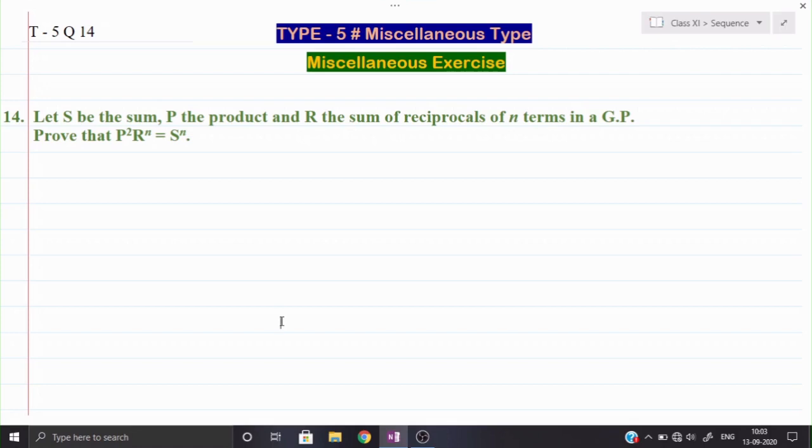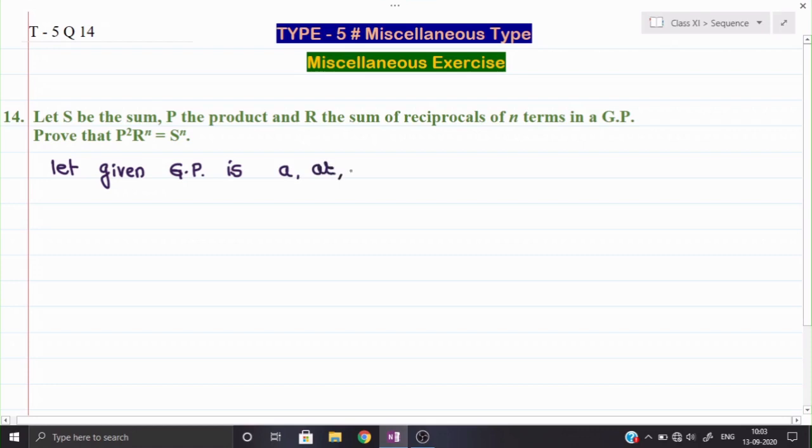S will be the sum of the n terms of the GP. So first we shall suppose the terms of the GP are a, ar, ar square and so on, going up to n terms.